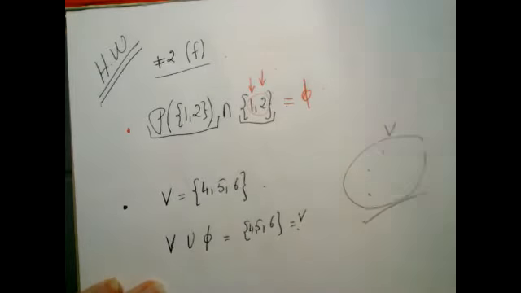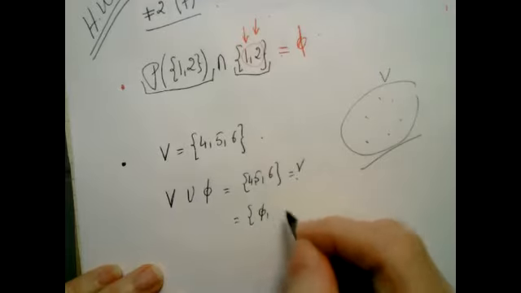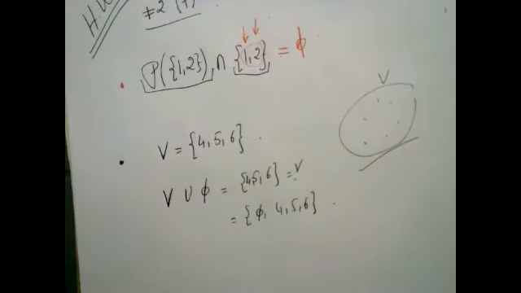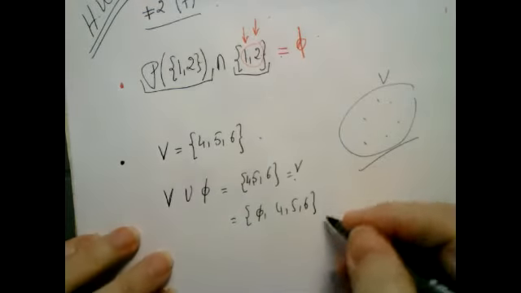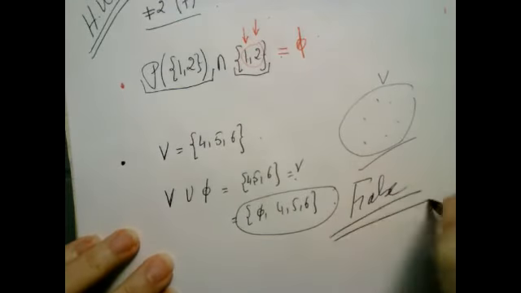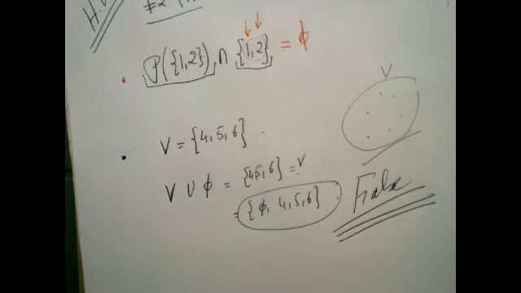Some student wrote {empty set, 4, 5, 6}. Why is this false? Who would like to pitch in? Why is this false?